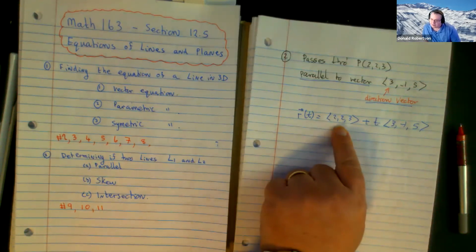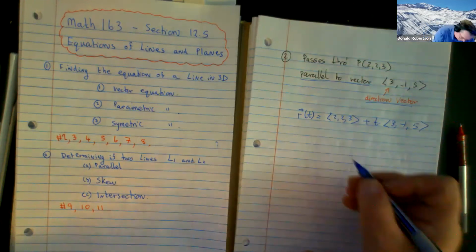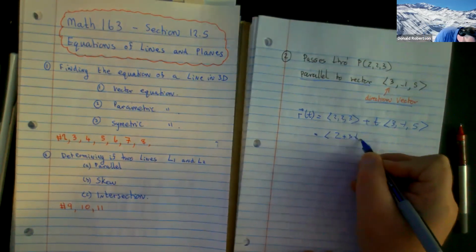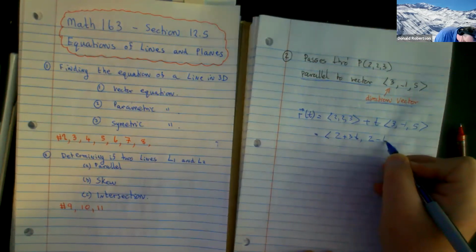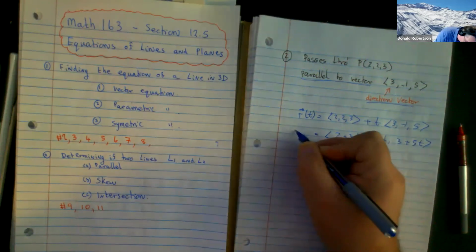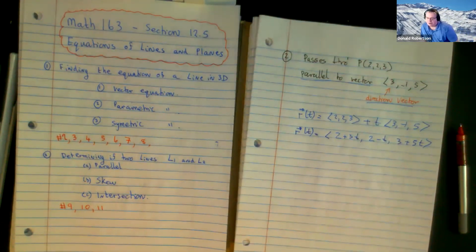Position vector of P, plus t times the direction vector. Now you can combine them a little bit, and you get this guy, this guy, and that guy. That's also the vector equation, because it's a vector. Almost no question there at all.